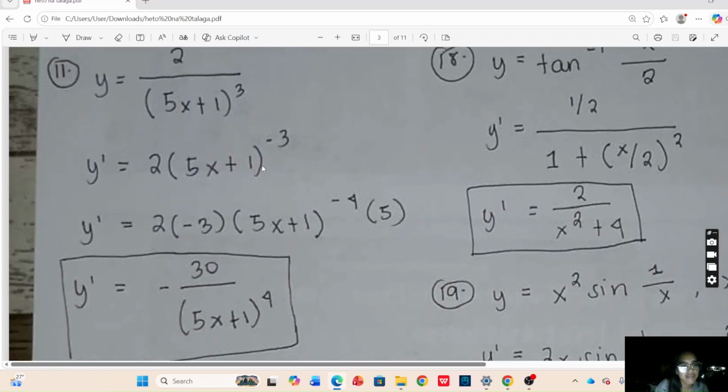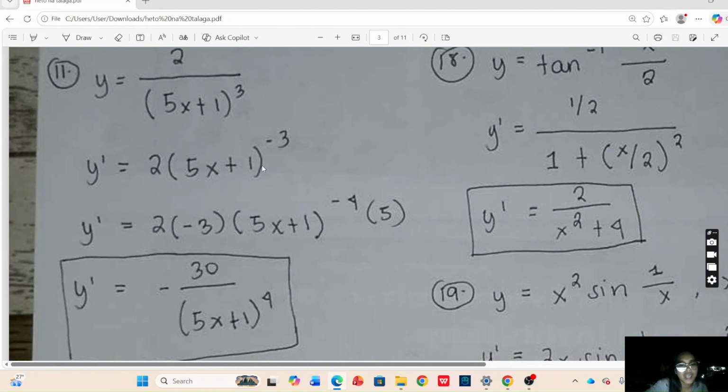Let's have number 11. The function is 2 divided by the quantity 5x plus 1 raised to 3.